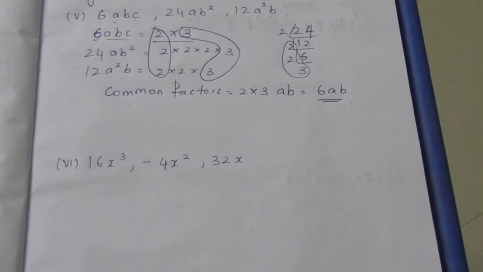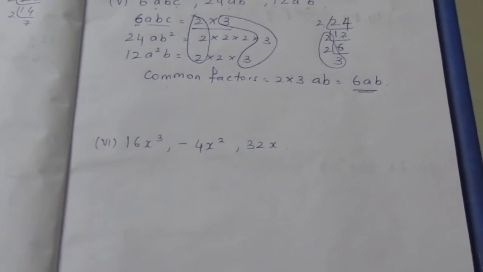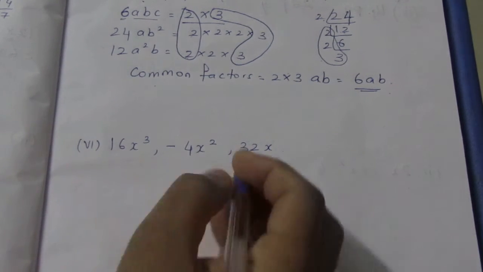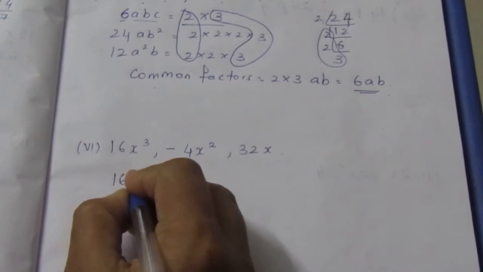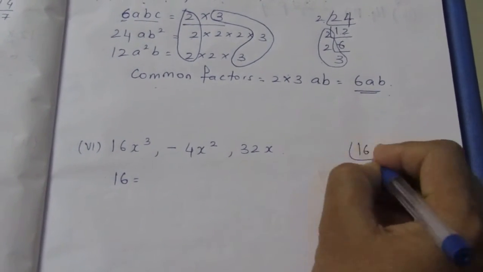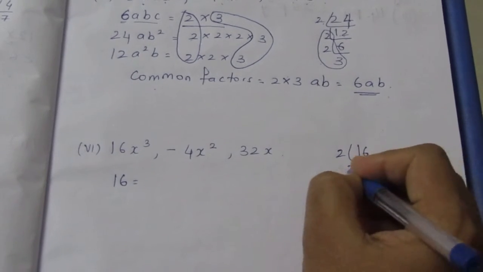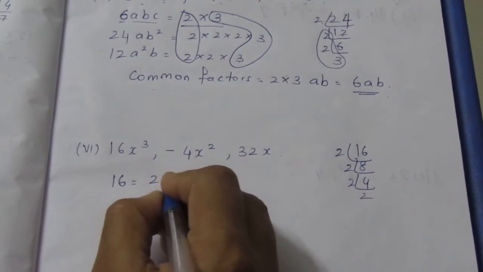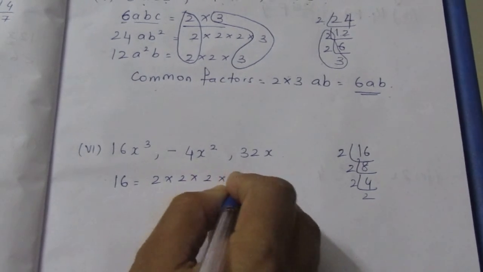Now we'll move on to the next sum. For the next sum, it is 16x cube minus 4x square, next 32x. Now for 16, let me leave all the variables. 16 is 2 eights are 16, 2 fours are 8, 2 twos are 4. Here you can write it 2 into 2 into 2 into 2.